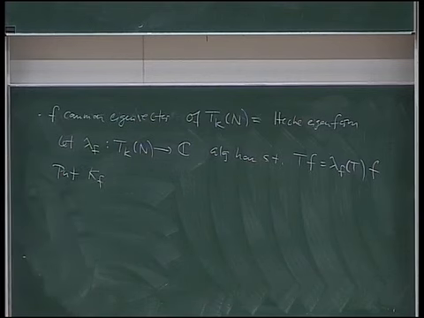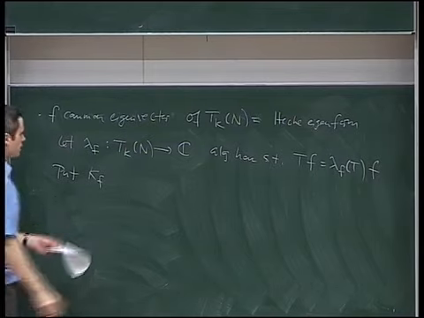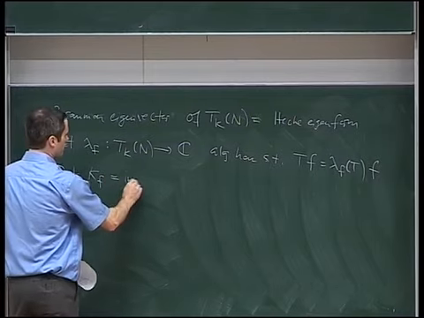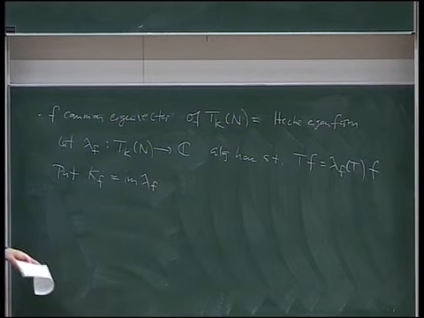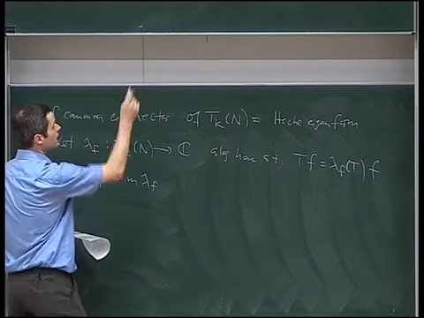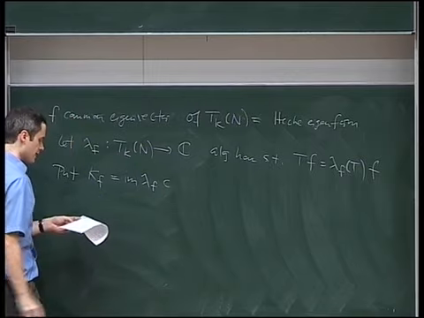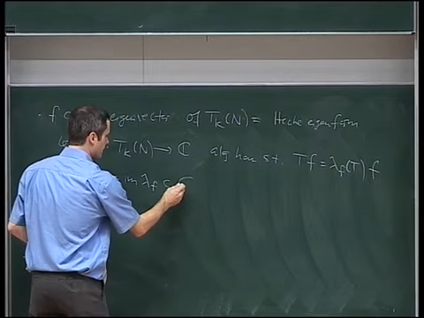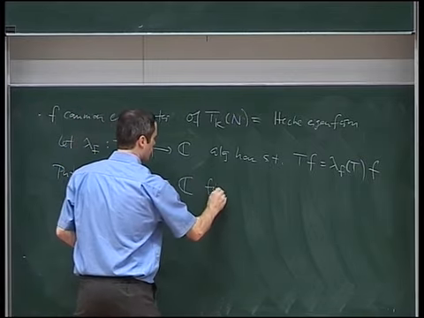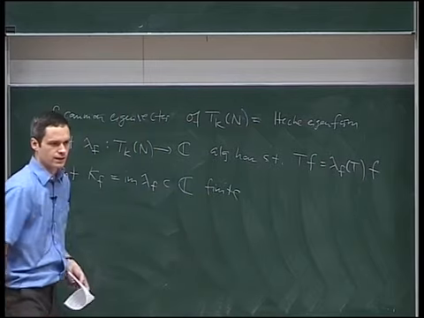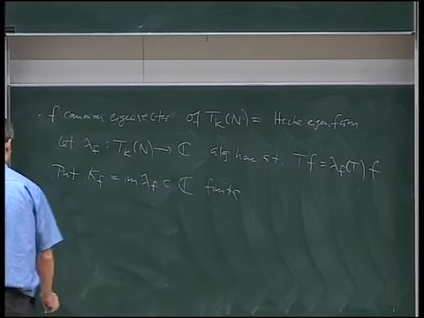And I'll define the coefficient field of f to be the image of this homomorphism, and the finite dimensionality up there tells me that I get a finite extension of Q here.